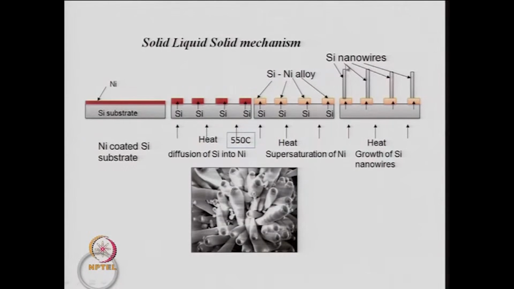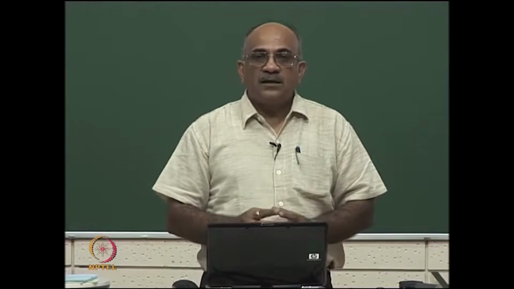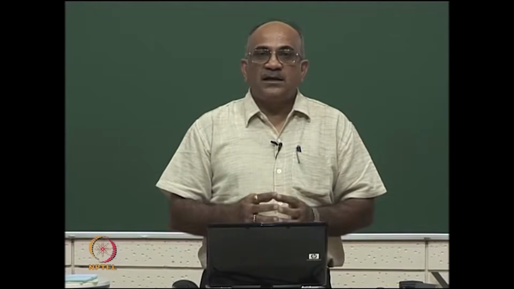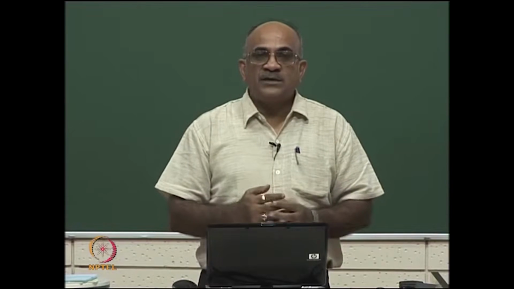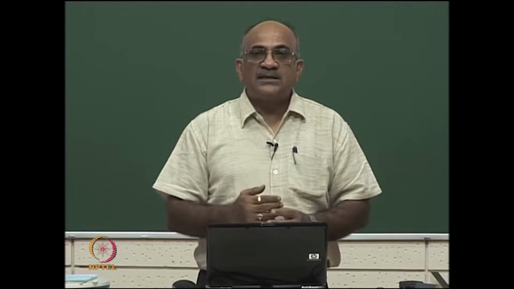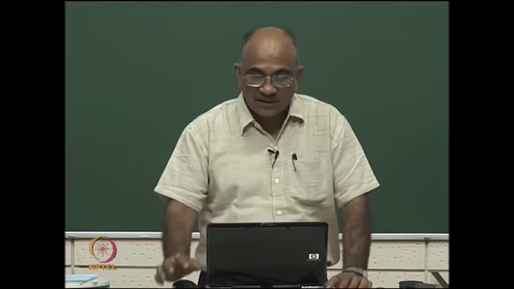The concept is quite similar to many of the methodologies we studied earlier, where you have a metal in which the material which is going to form the nanowire diffuses in and then reaches a supersaturation, and then the nanowire growth starts.